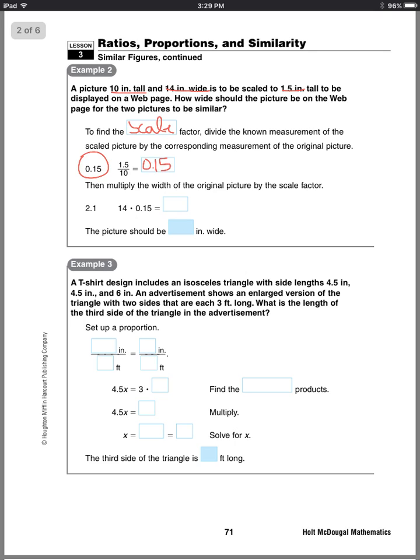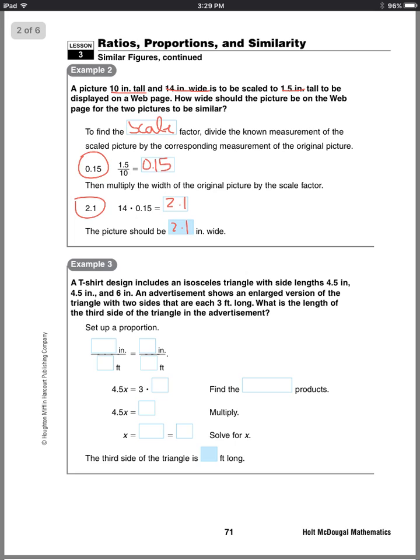So here we have the width. 14 times 0.15 is 2.1, which for some reason they put there. So the picture should be 2.1 inches wide. We know how tall it is. So we take the known divided by the similar measurement, because they're both tall, and then we multiply that by the width to get what the width should be for the picture.